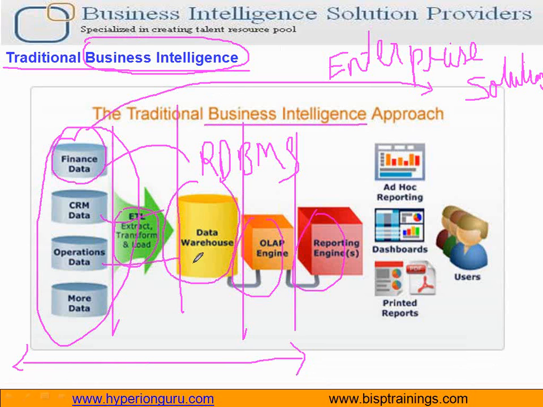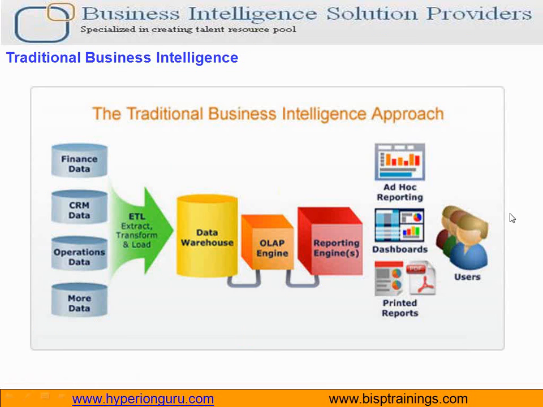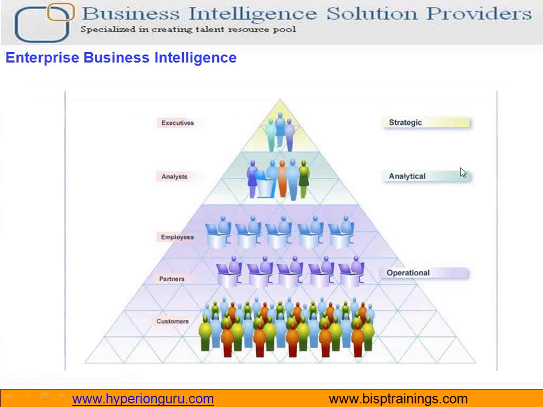The cost is very expensive, and the implementation life cycle was really long. Tableau and Qlik found the space where they could pitch in and provide a solution for individual departments rather than for the enterprise organization. And as I said, conventional BI was actually designed for executives or decision makers.